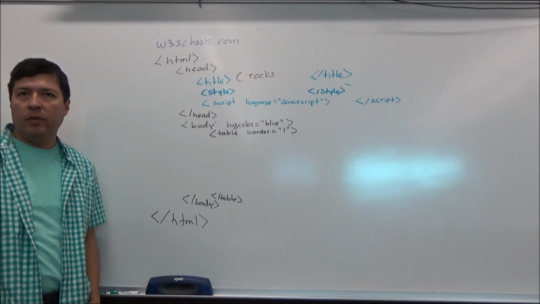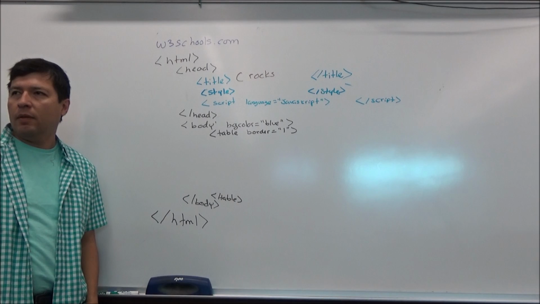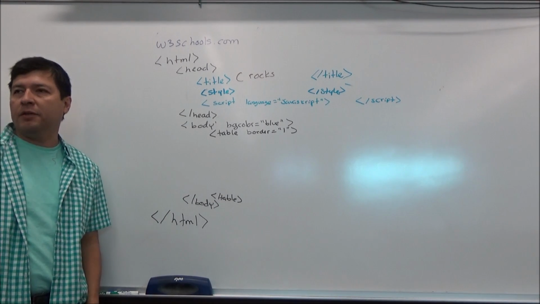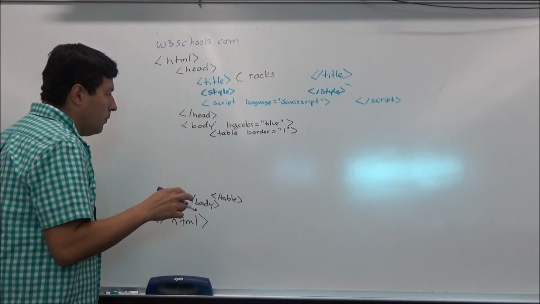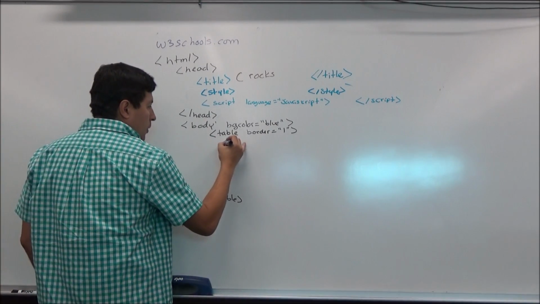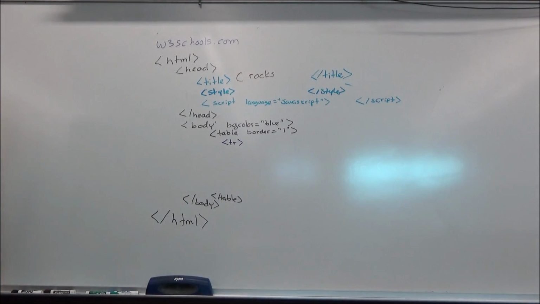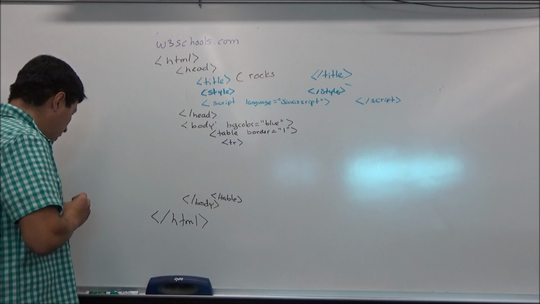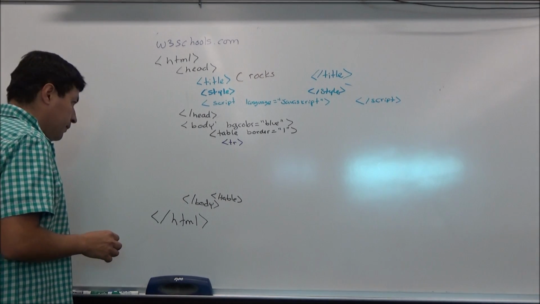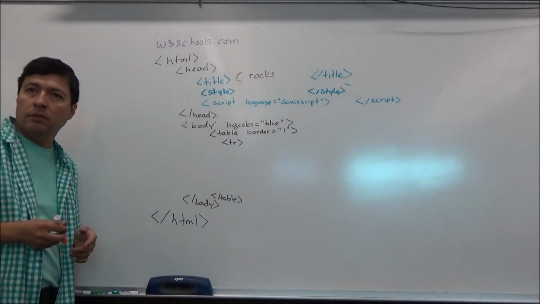They use a row. So you have to put the headers in one row and then the data in the next row and so on, right? So you need to have a table row. And inside the table row, the first table row is going to have my headers.